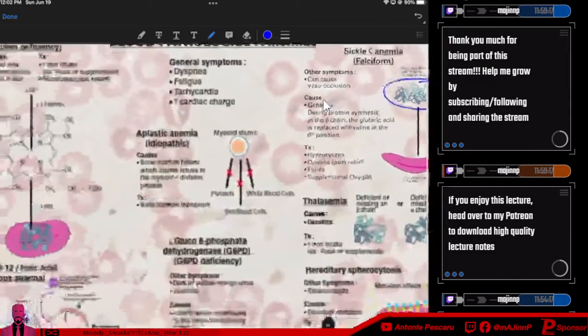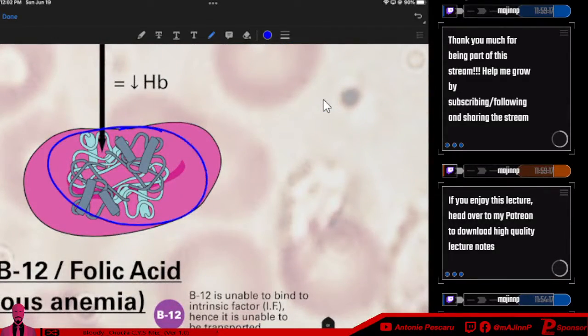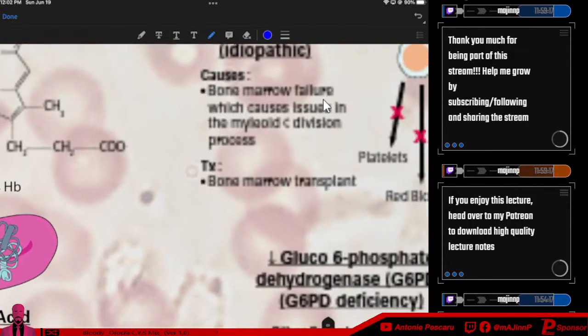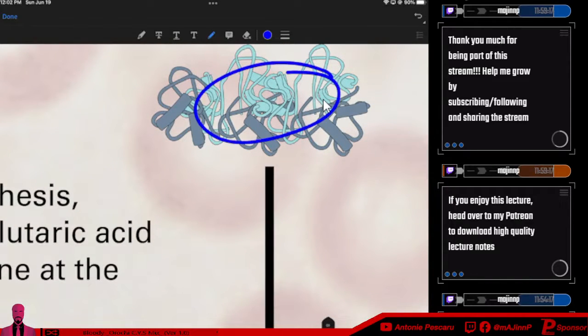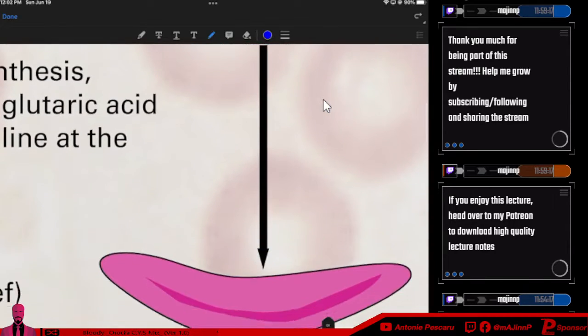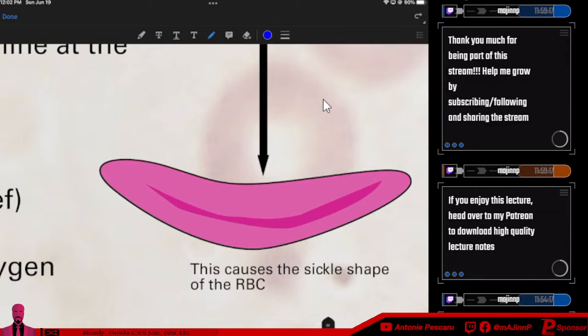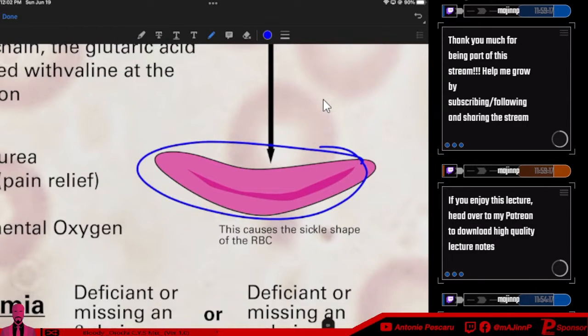If you remember, hemoglobin needs to have this squared shape versus this stacked shape right here. They begin stacking on top of each other, which creates this sickle shape of the red blood cell.